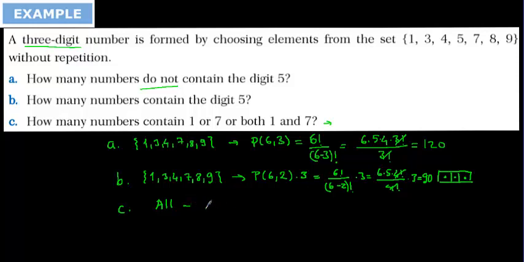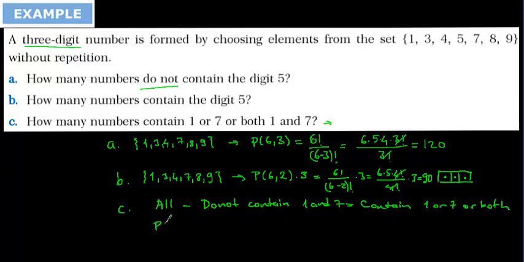If we subtract those that do not contain 1 and 7, we can find those that contain 1 or 7 or both. We can find this one.